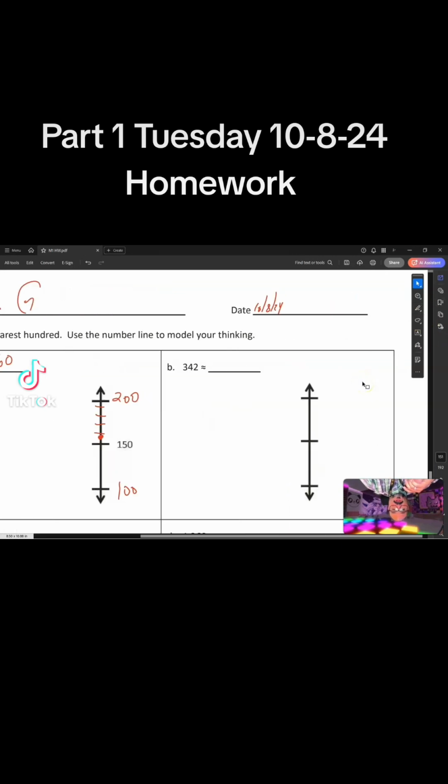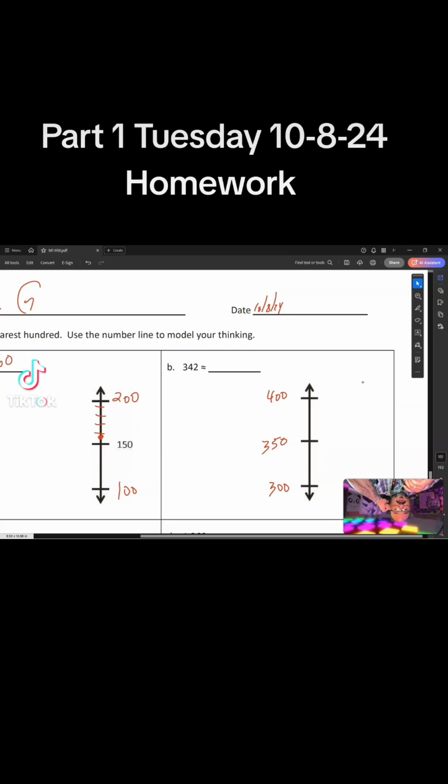B. 342. Between which two hundreds? 300 and 400. What's the halfway? 350.